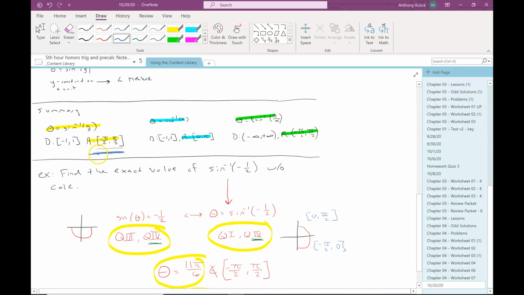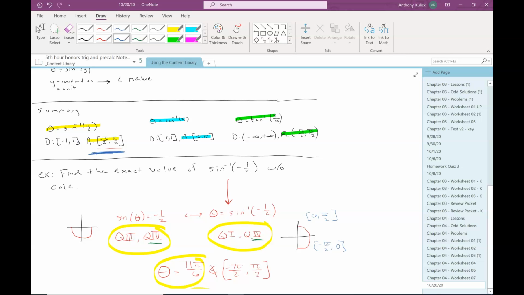So sine inverse has a range that goes from negative pi over 2 to positive pi over 2. Okay with that? That's what we started off by doing, figuring that out. Now that's always going to be the case for sine inverse. That part will never change. So the angles between 0 and pi over 2 are just the stuff in quadrant 1.